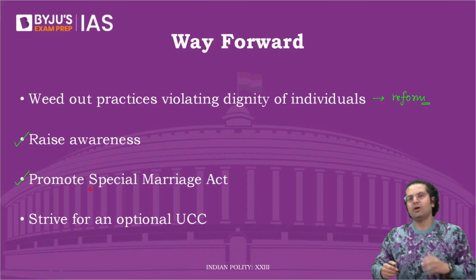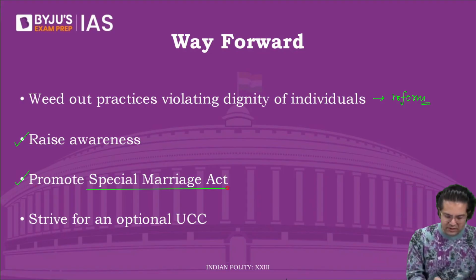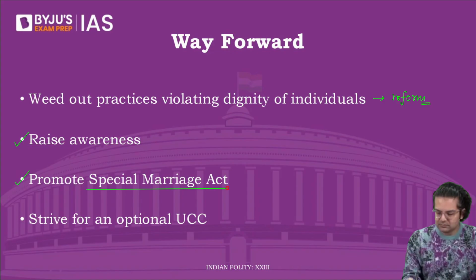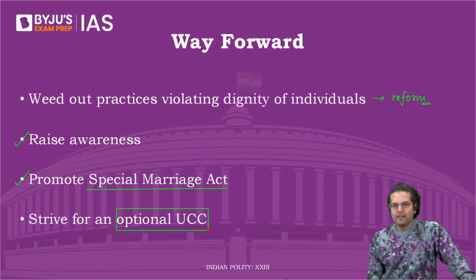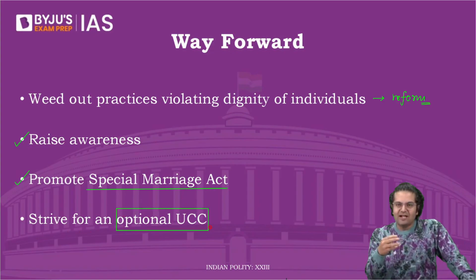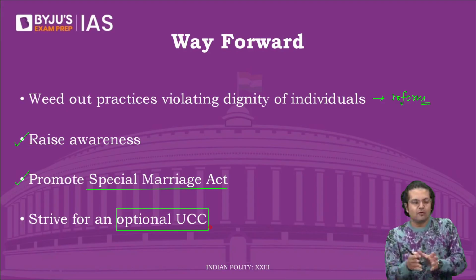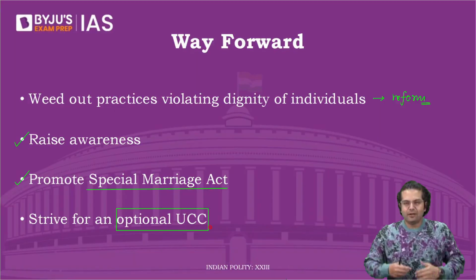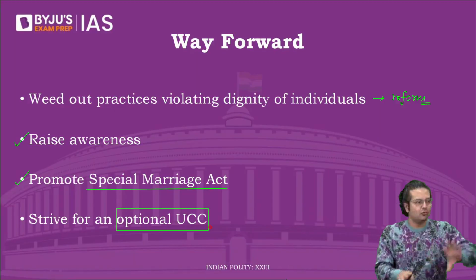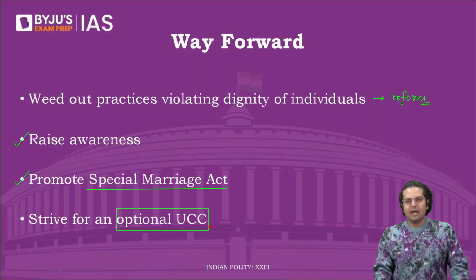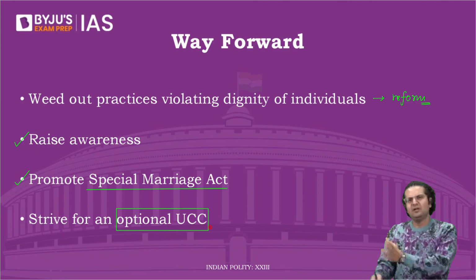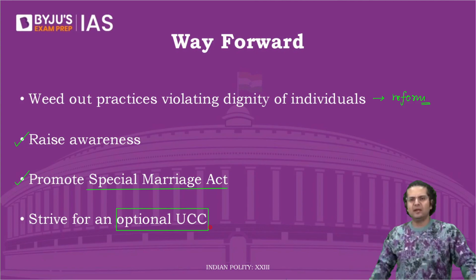And if at all you are obsessed, why can you not create an optional UCC? Make it optional. All the people who start getting educated in the coming generations, they will gradually move towards UCC only. They will get all their personal matters registered through a neutral law. And then for the outliers, let it be. Let them be in their religious laws. Simple.